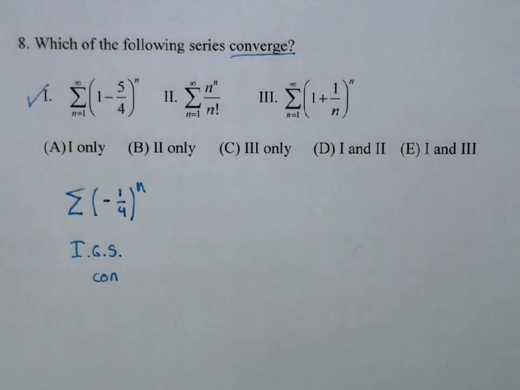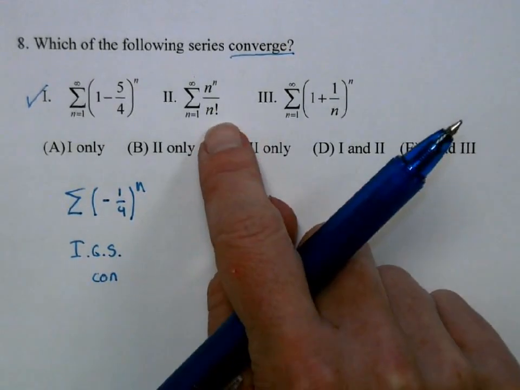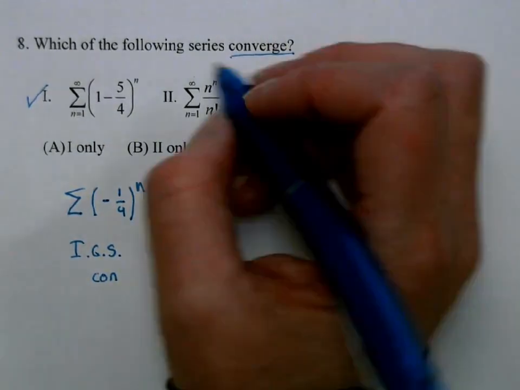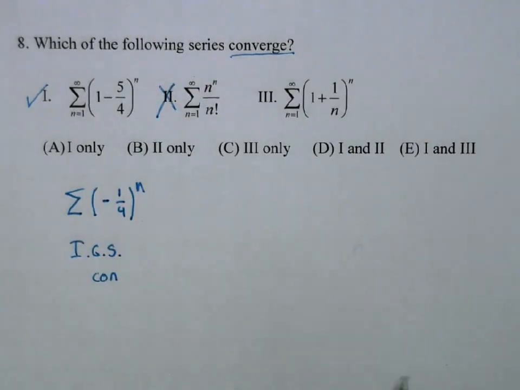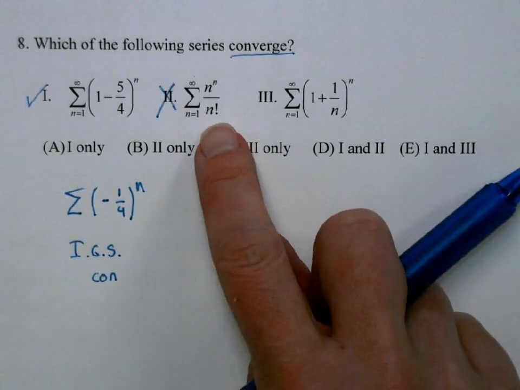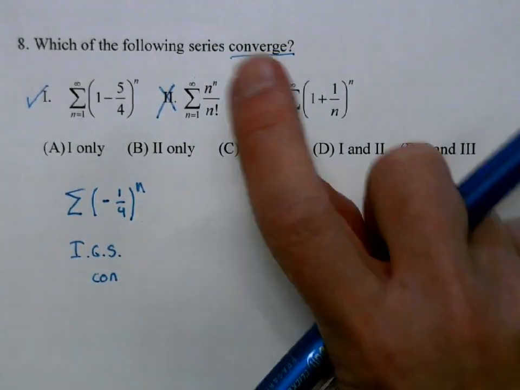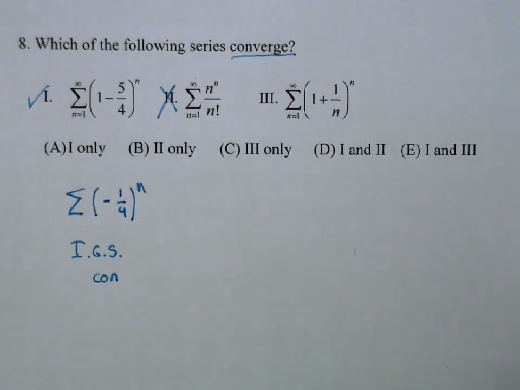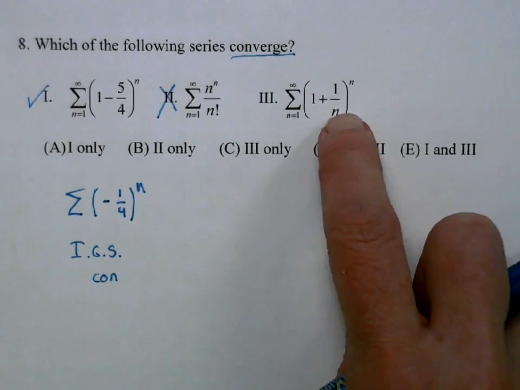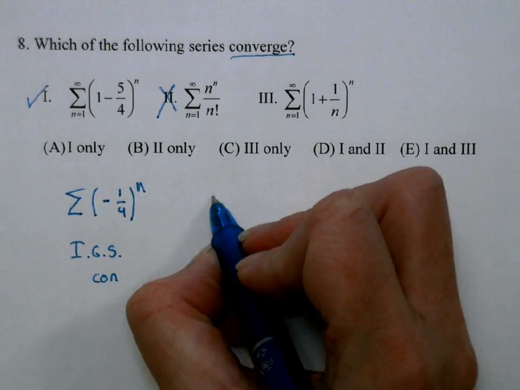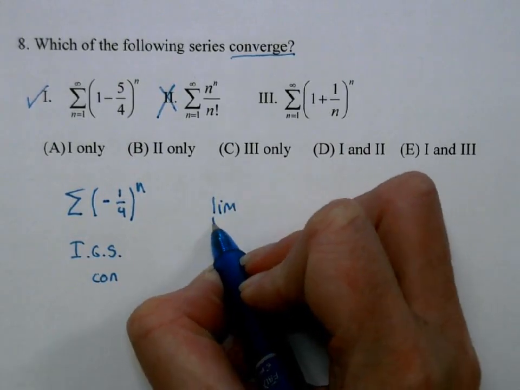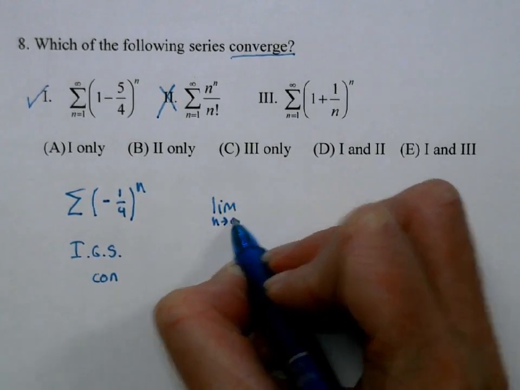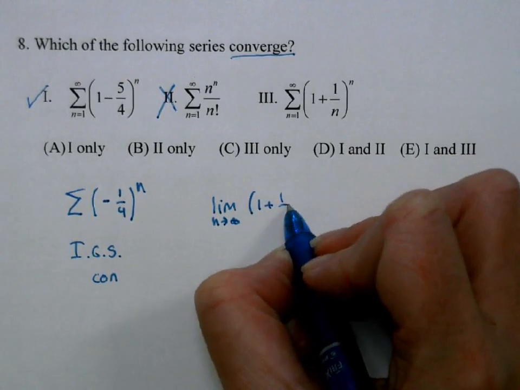This one we did previously in the notes and found that it diverged. We would use the ratio test. Your clue would be when we have factorials and exponentials. Last one, okay, we did this limit earlier. If I look at the limit of my nth term, we get e.